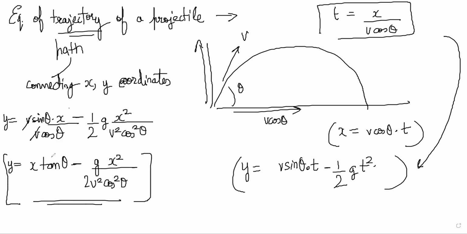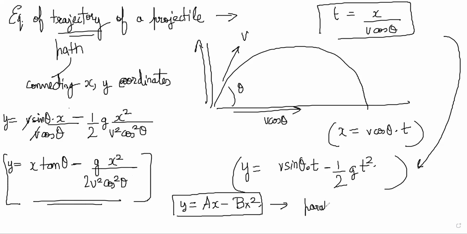Now, notice that this equation is of the form y is equal to ax minus bx square. So anybody who has done a little bit of coordinate geometry and conic sections will recognize that this is a parabola. And it is an inverted parabola because the coefficient of x square is negative. Therefore, the shape of the trajectory looks like this, right?